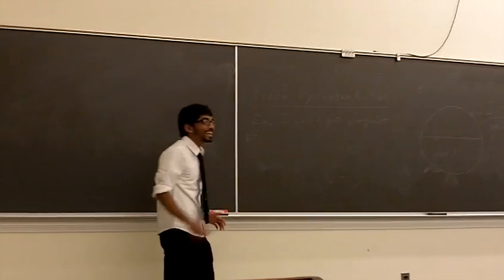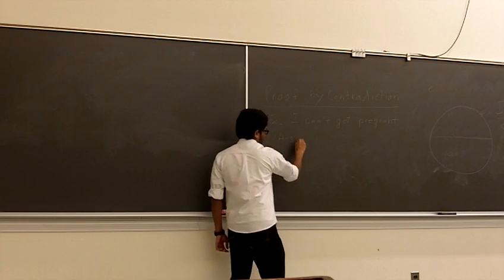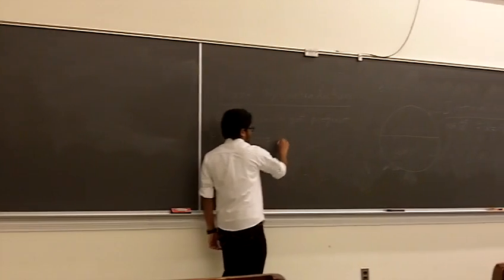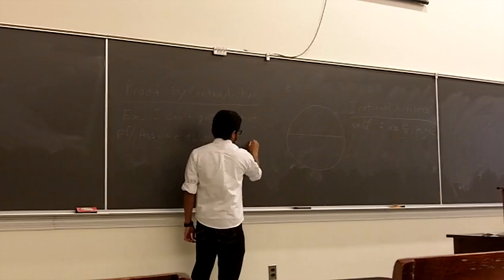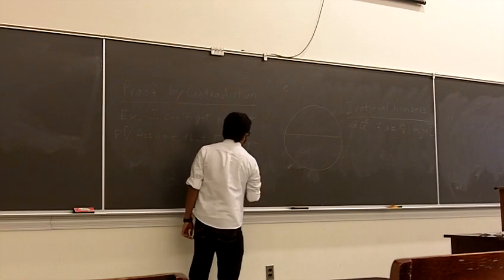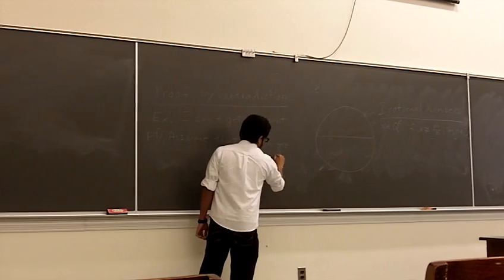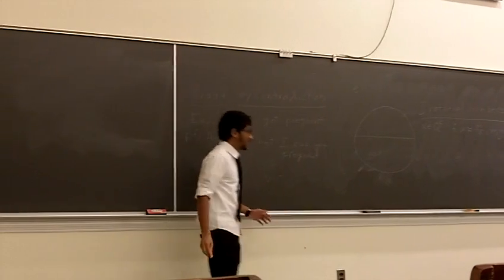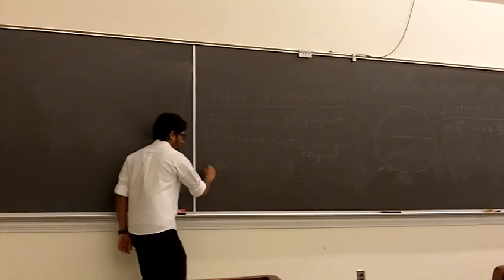There we go. So how do we prove this by contradiction? We have to assume that I can get pregnant. Now we write down some facts. Clearly I'm a guy.